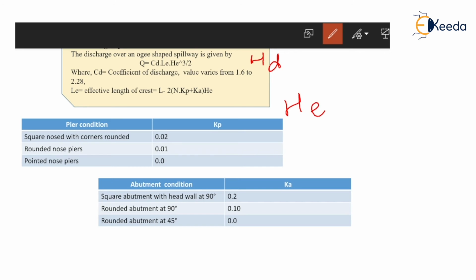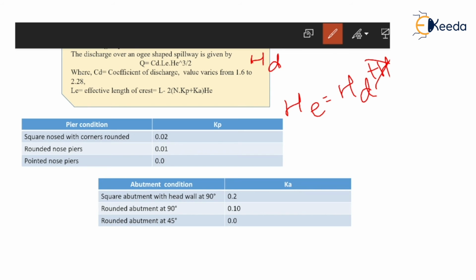He is nothing but the design head plus the head due to the velocity of approach. Generally, when Ha is less than 0.04 H, we neglect the Ha value. But if it exceeds this value, then we should consider the velocity of approach also.